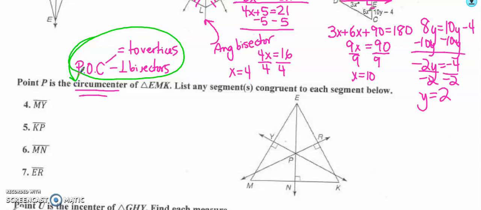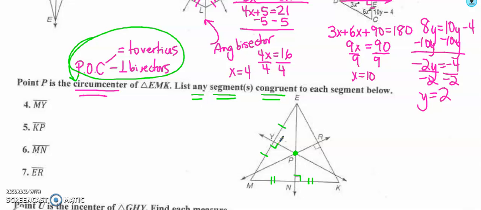So this says, list any segments congruent to the segment below. So when I look at this picture, I can mark up a few things. If P is the circumcenter, I know this is congruent to this because that's a perpendicular bisector and I see my 90 degrees. I know MN is congruent to NK because that's a perpendicular bisector right there.